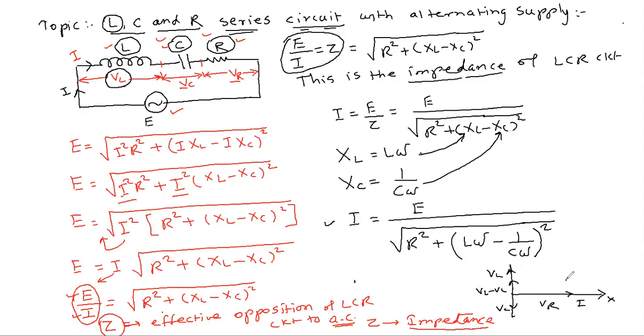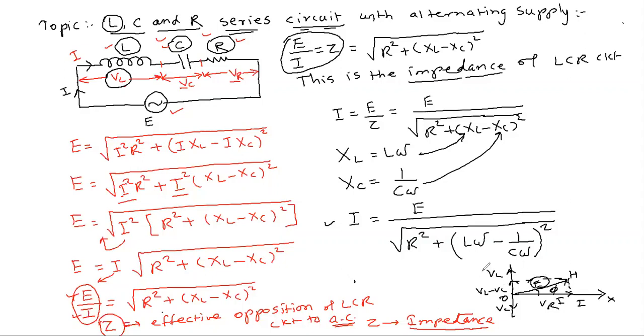Then the effective one you have calculated like this, that is nothing but E, just by completing this figure. So this angle, the angle between E and I, this is the value of E, that is OH, and this value is your I. The angle between them is suppose phi.